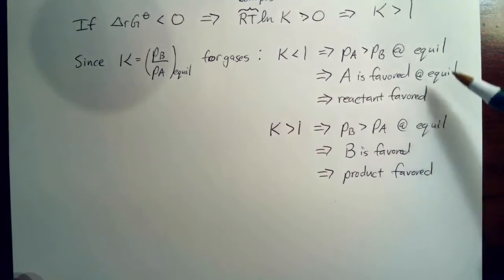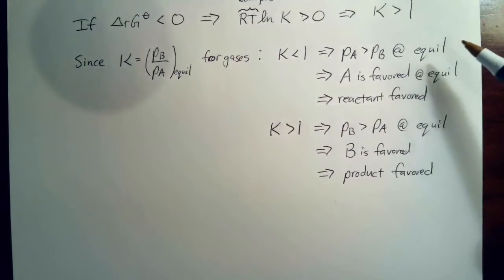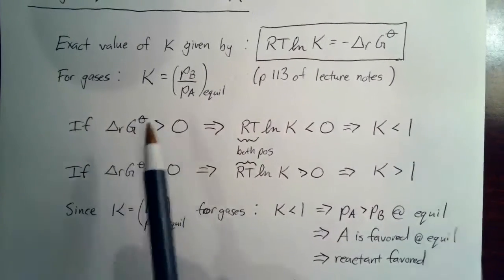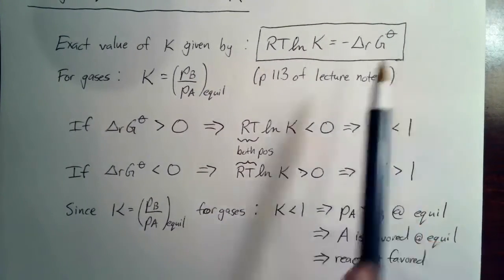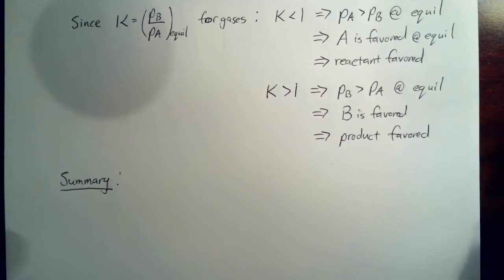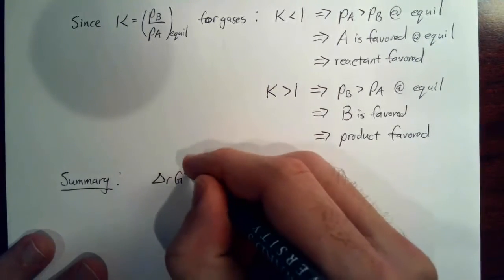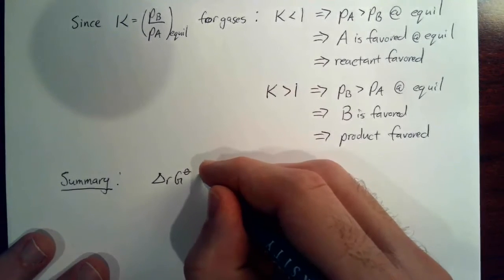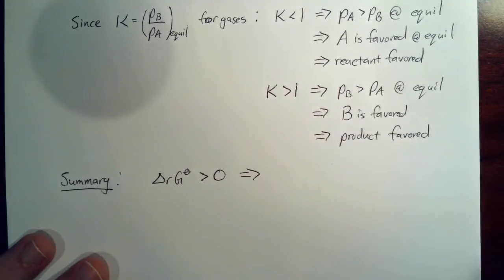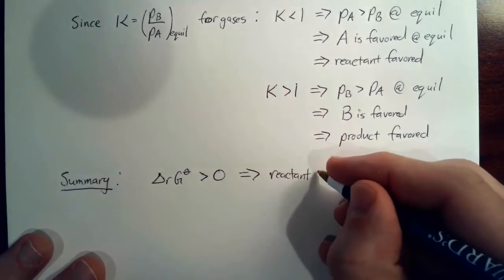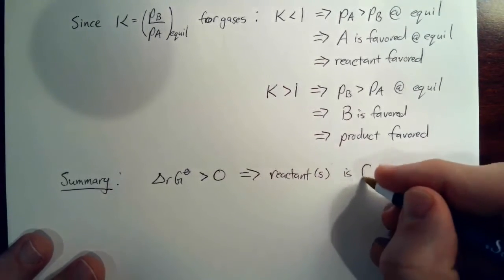Okay, so several useful conclusions that we can draw based on the value of K. And we at least know whether K is greater than 1 or less than 1 based on this value. And furthermore, we can calculate K exactly using this equation. So to summarize everything that I've said so far, if the reaction Gibbs energy is greater than 0, then that implies that K is less than 1, which implies that the reactant or the reactants is favored at equilibrium.